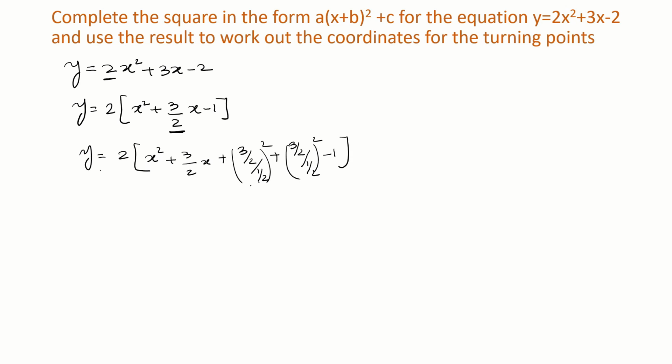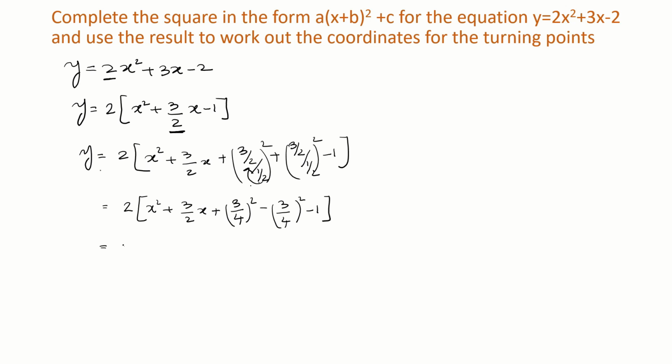So we get 2 times x squared plus 3 by 2 x. This 2 comes over here, so we get plus 3 by 4 squared minus 3 by 4 squared, minus 1.